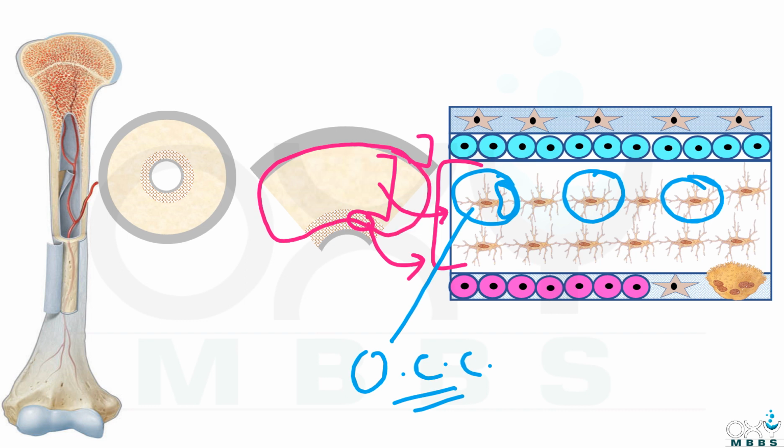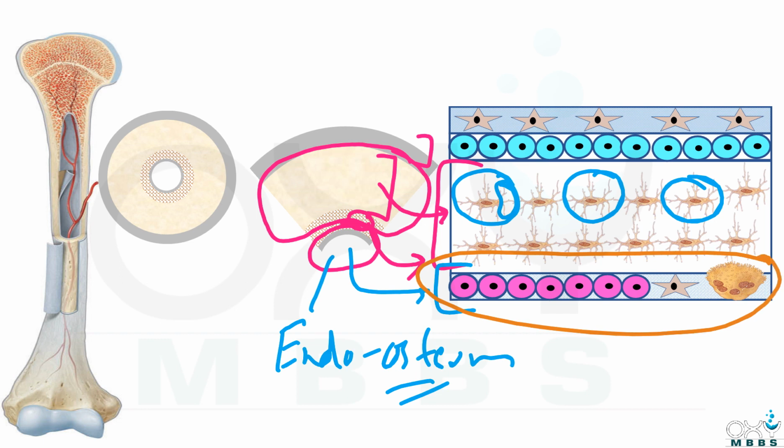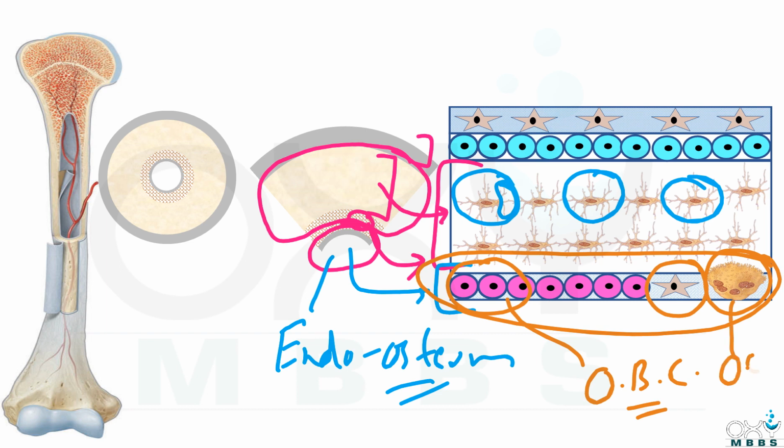First, let's talk about this inner layer that is called the endosteum. This is the endosteum layer, and this layer contains osteoblast cells, fibroblast cells, and this large cell is called the osteoclast cell. And this layer also has dense irregular connective tissue.